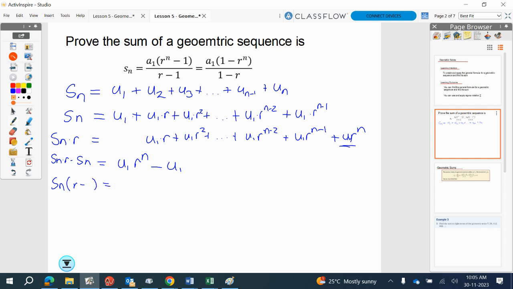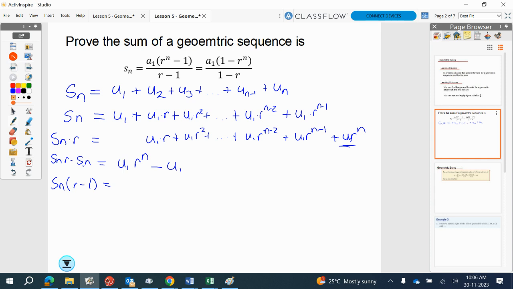If we factor Sn out of both terms, there should be 2 terms inside the bracket. What do we multiply Sn by to get minus Sn? Negative 1. So on the right-hand side, what should we factor out?